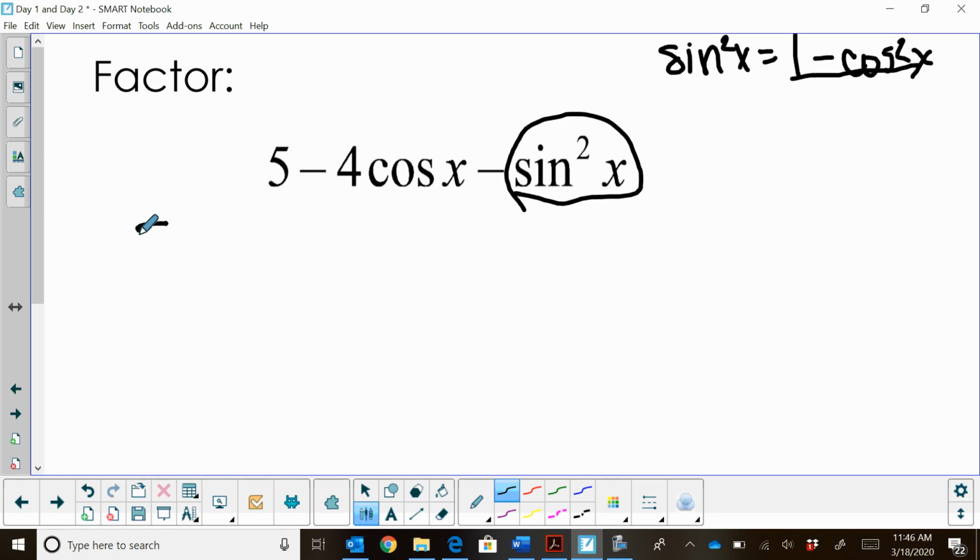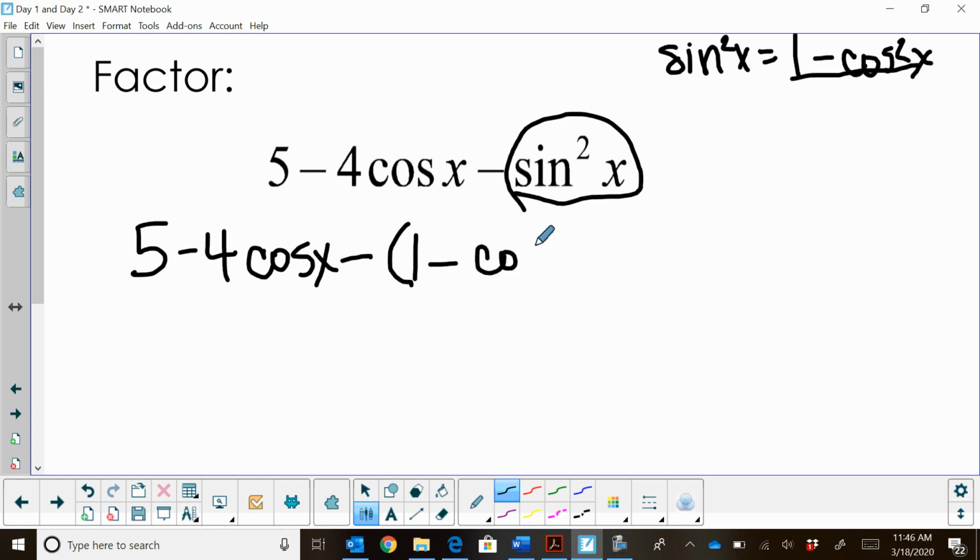So let's do that. Let's do 5 minus 4 cosine x minus, and remember this is a quantity, 1 minus cosine squared x. So I've replaced sine squared with 1 minus cosine squared.